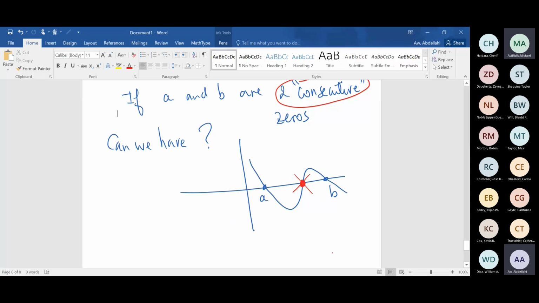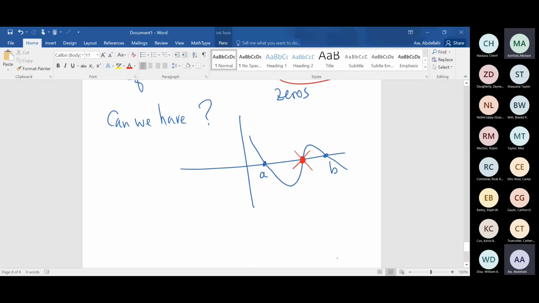And we're going to close by that fact. If 2 zeros are consecutive, the graph between them is either all above the x-axis or all under the x-axis. It cannot go one time above and one time under. Because if it does, it's going to introduce another zero, which is going to contradict the fact they are consecutive.